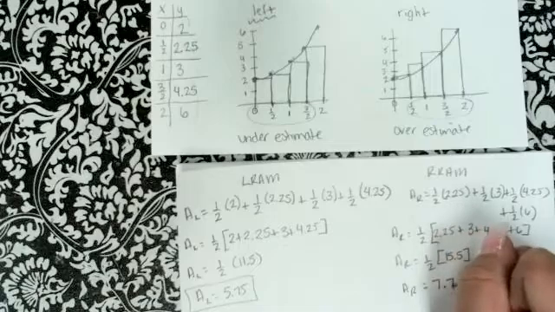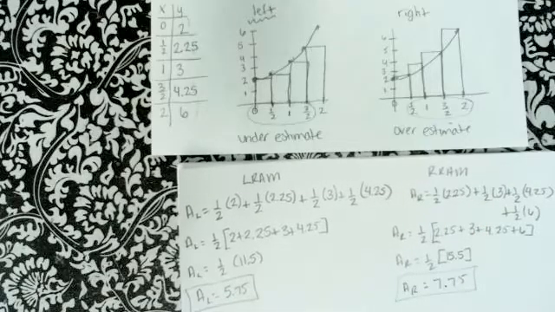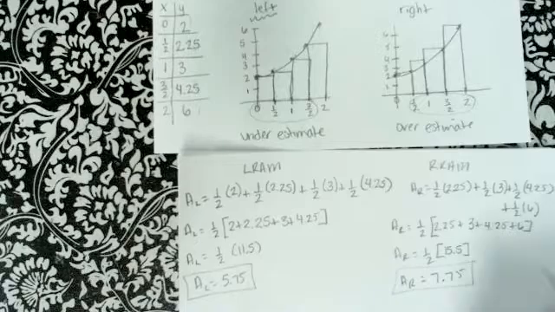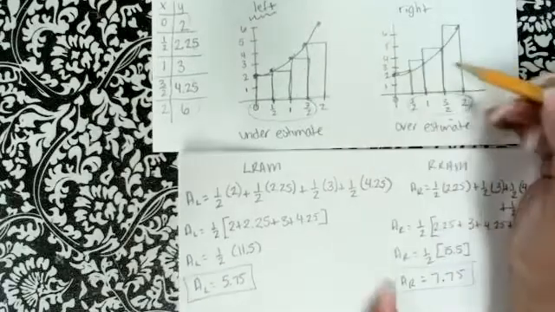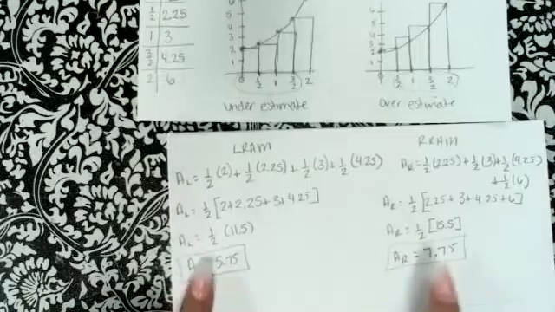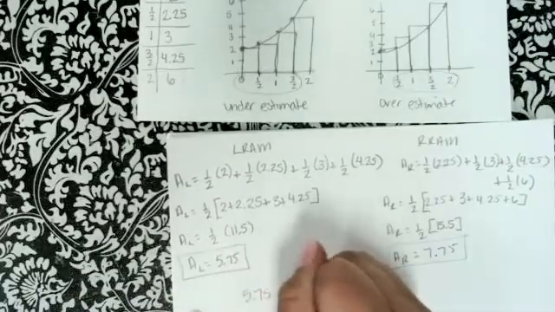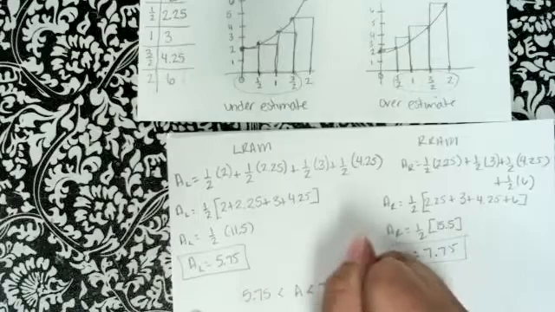So the area of the right is going to be 7.75. And like I said, the left was an underestimate, and this one's an overestimate. So what does that tell me? That tells me that the area is between these two values, 5.75 and 7.75.